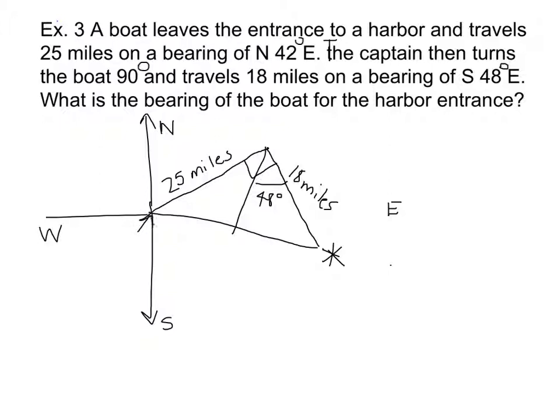So this is my entrance. Here I am now. So we need this angle right here. So since we have an opposite side and adjacent side, we're going to use tangent of theta. Excuse me, I marked the wrong angle.